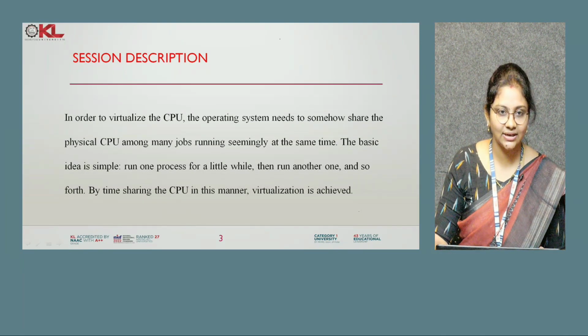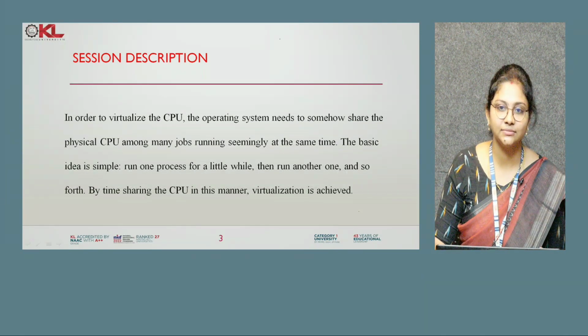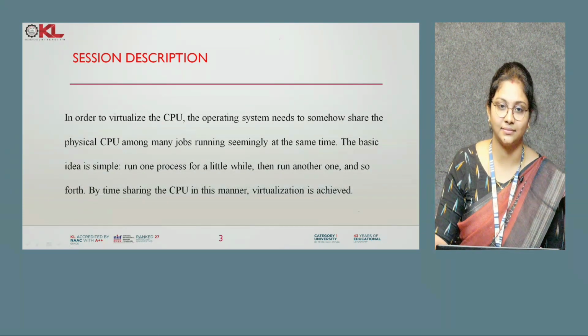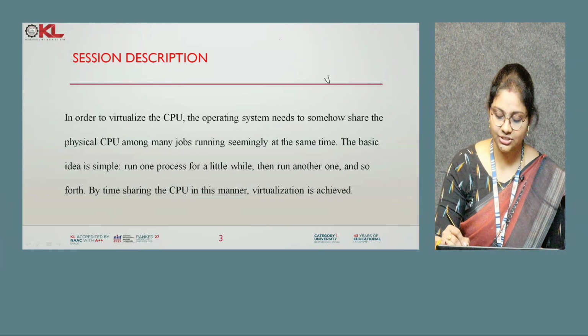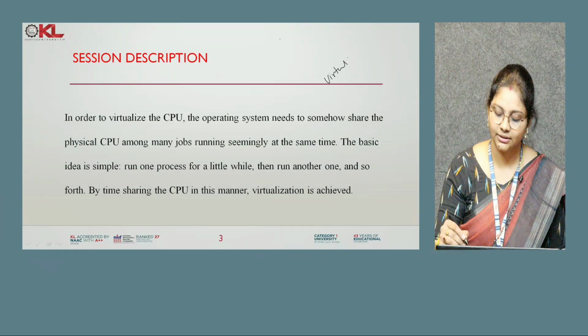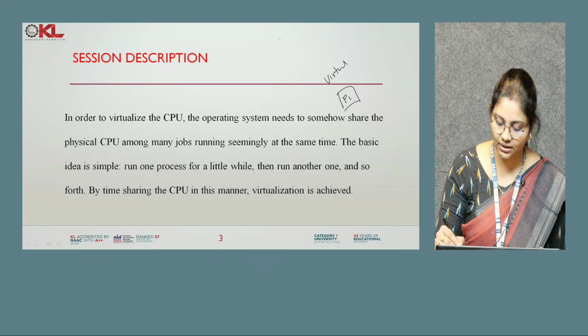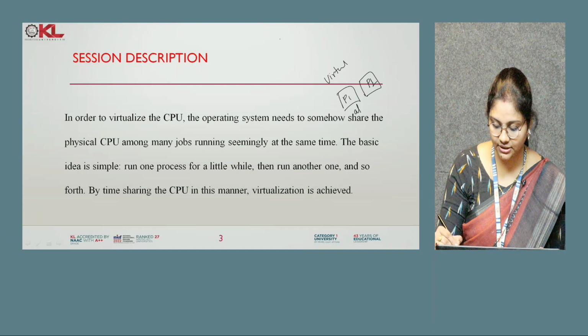In order to virtualize the CPU, the operating system needs to somehow share the physical CPU among many jobs running simultaneously. Virtualization is nothing but, if you are executing one process now, you need to give the chance to the second process also after some time.